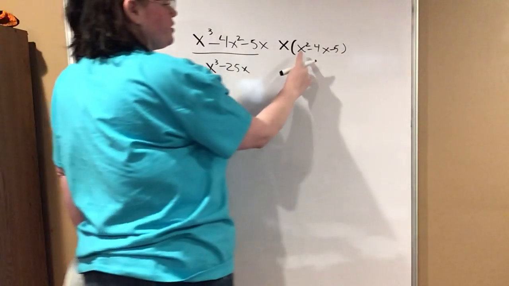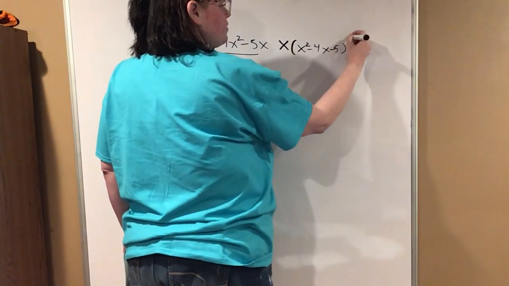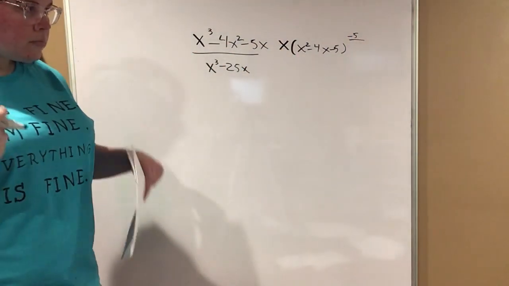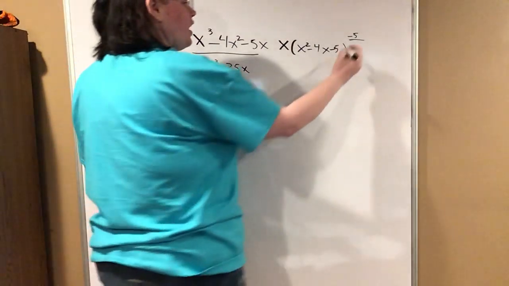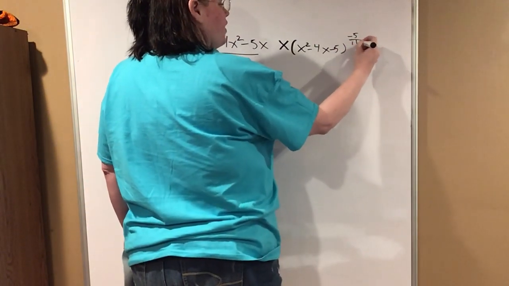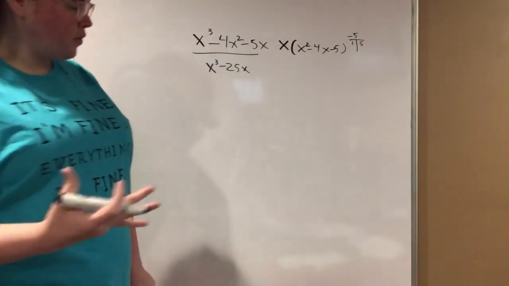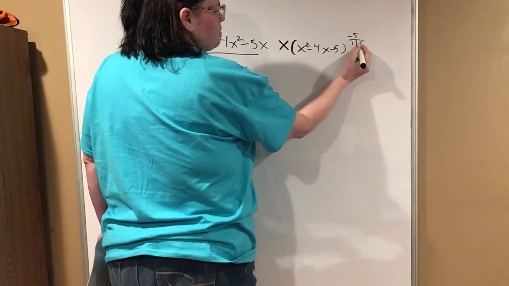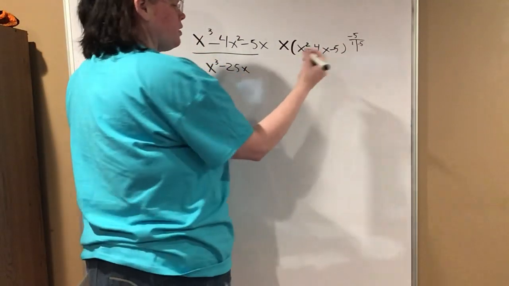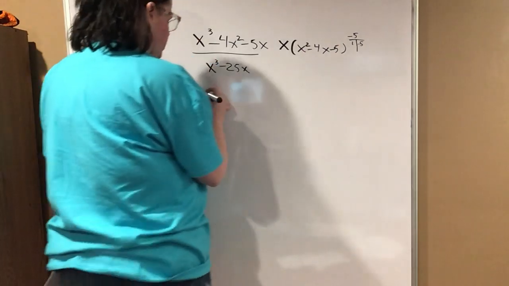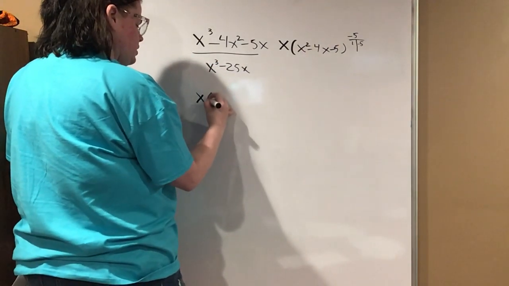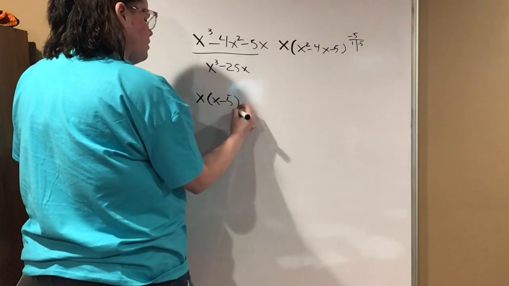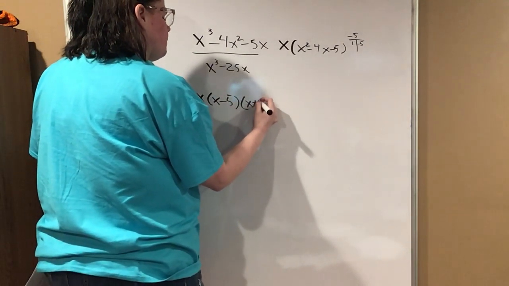We need factors of 1 times negative 5, so negative 5, that add up to a negative 4. My factors of 5 are 1 and 5, and to add up to a negative 4 but multiply to a negative 5, I know my 5 has to be negative. So my top of the fraction is x times x minus 5 and x plus 1.